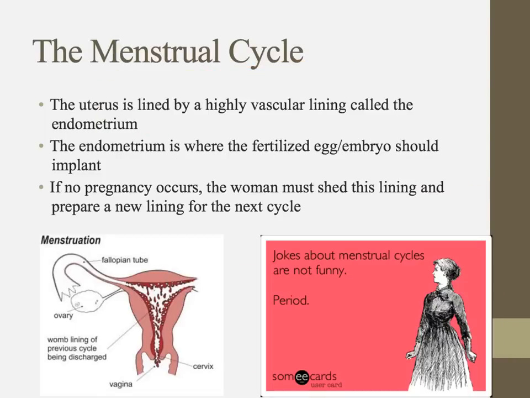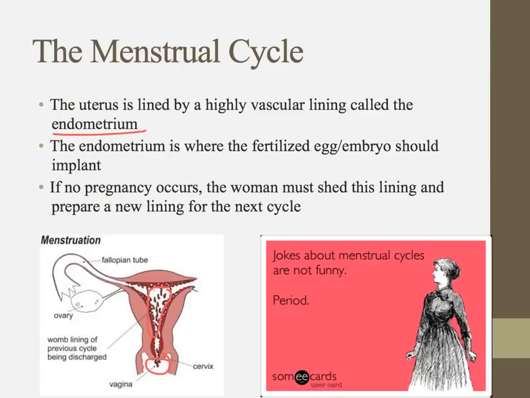Now, when we say menstrual cycle, most people think of menstruating or bleeding. And when we have a menstrual cycle, what we're really seeing exiting out of the vagina is the shedding of that endometrium. Remember, the uterus is lined by a highly vascular lining, that endometrium.